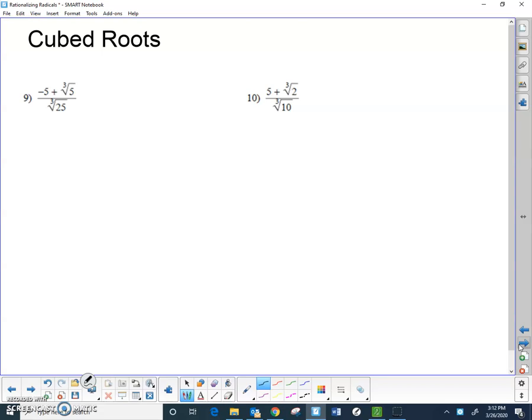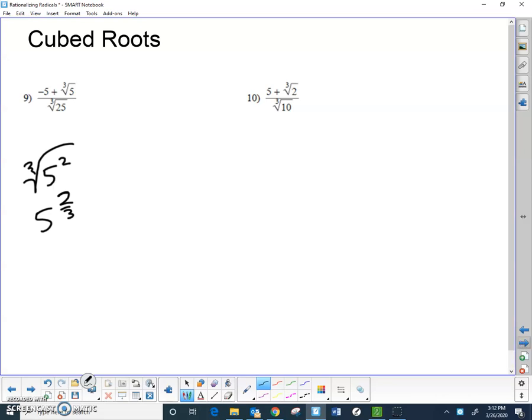And why it doesn't: if you remember the product of radicals, I can simplify this 25, that's the same as 5 squared. But this is the third root of 5 squared, so this is actually 5 to the 2/3, which doesn't solve my problem at all.